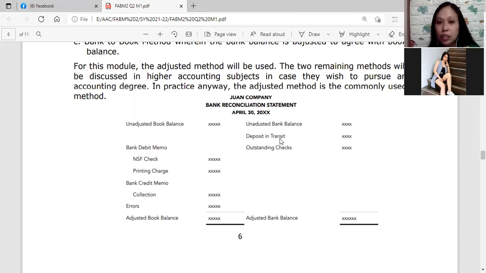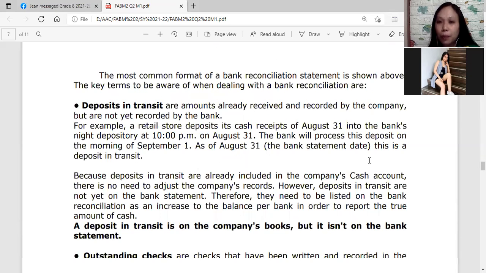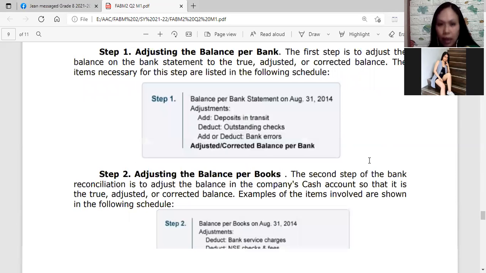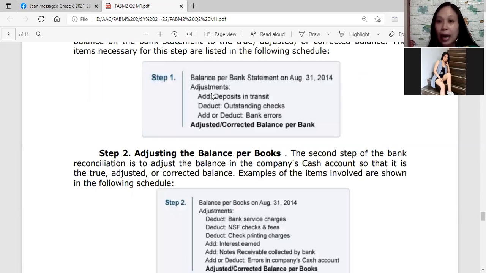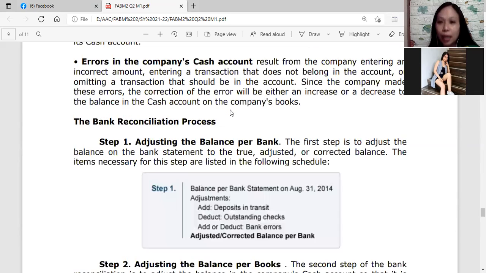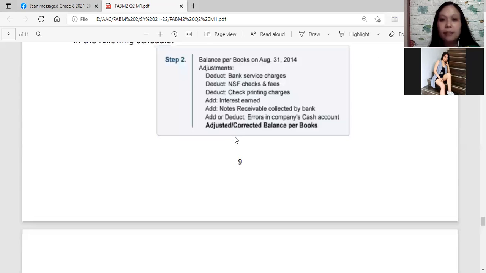Ang outstanding check, i-deduct nimo. Ang deposit in transit, add. If you cannot remember, you go back and check sa may buhaton sa deposit in transit. I have to add deposit in transit. Kasi ang outstanding check, minus. Okay. Error, I have to analyze unsa man nga error. Deduction ba ni siya nga error or addition ba ni nga error? You have to analyze that.